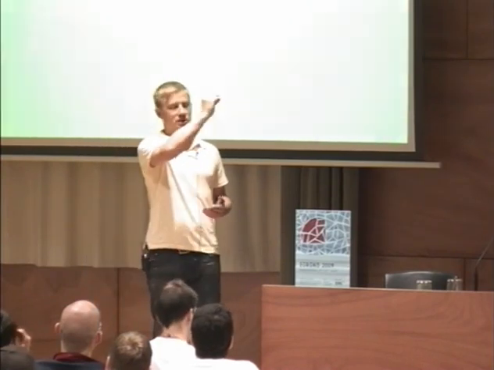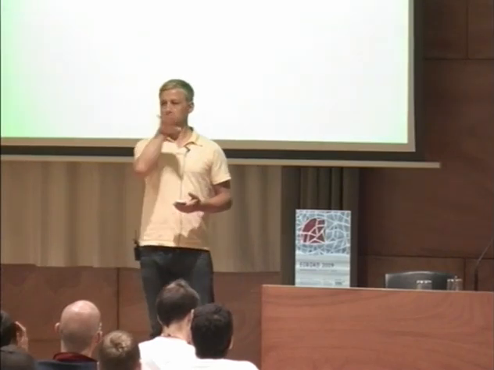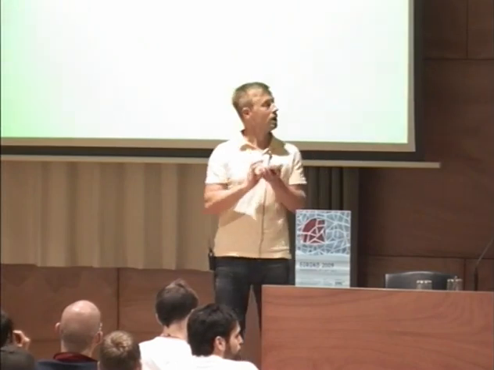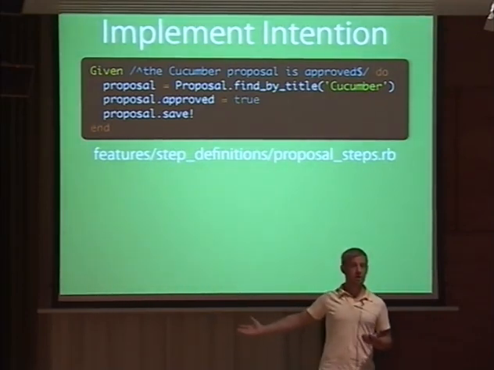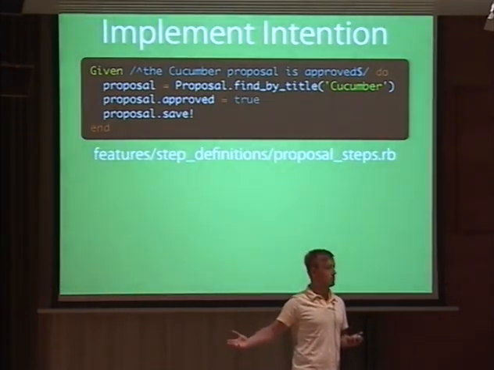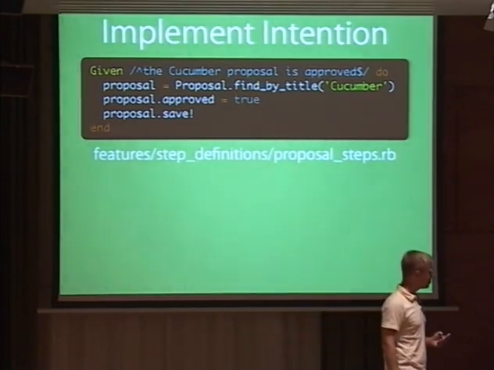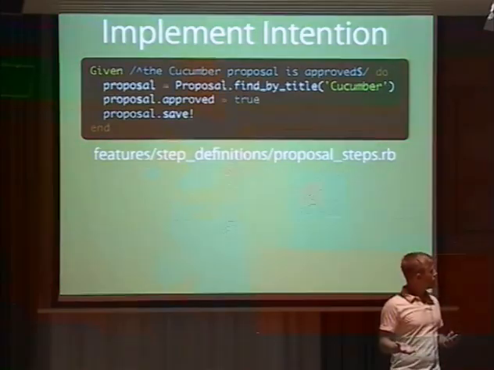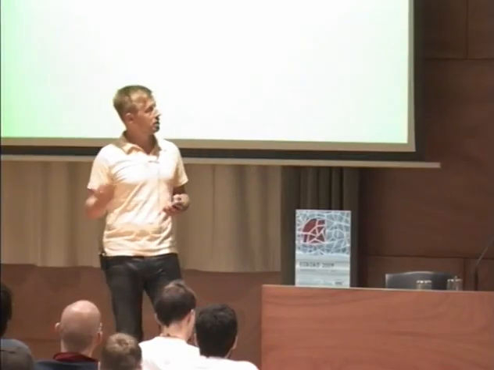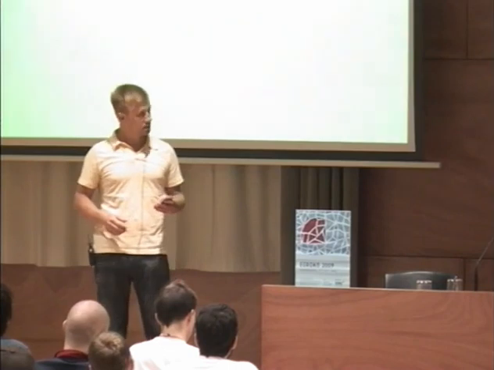But I always have this regular expression that tells me this is just a tiny little part of the whole user story. And you see, I'm always connected to the acceptance criteria that probably was written in collaboration with the customer. So I'm looking up that proposal record, and I'm setting the approved flag on it, and I save it.